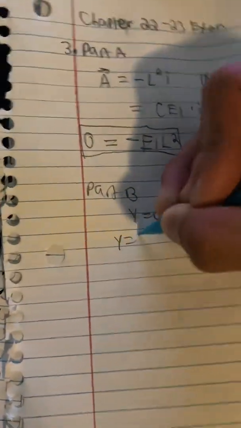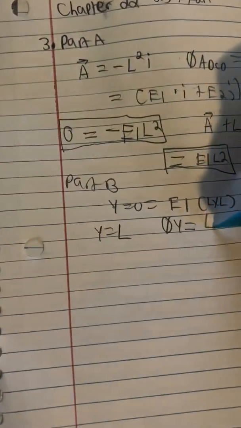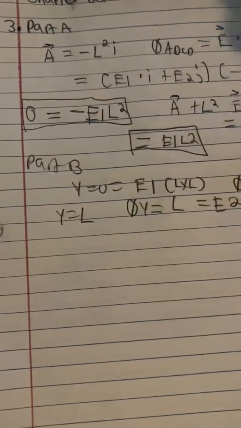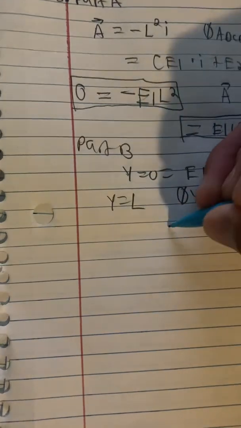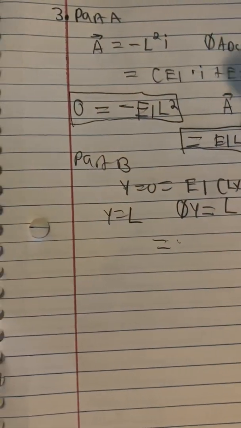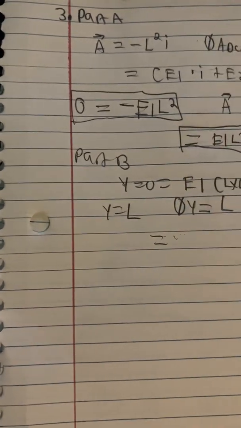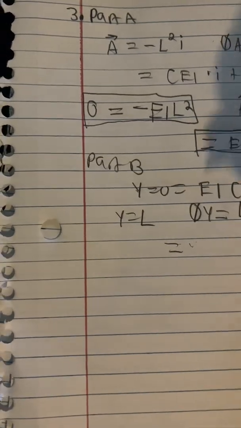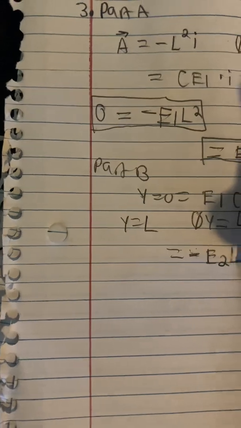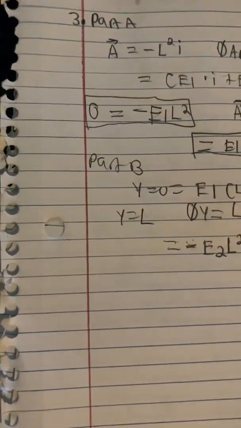Y equals L equals E2 L squared, which will then give us, since the first one, y equals 0, is negative, it will be the same thing for y, which will be negative E2 L squared, comma E2 L squared.